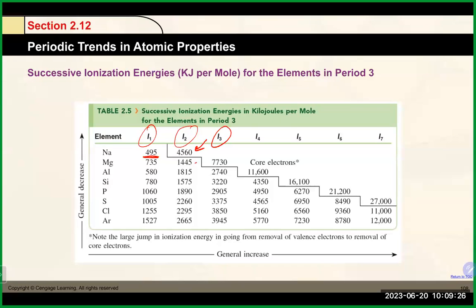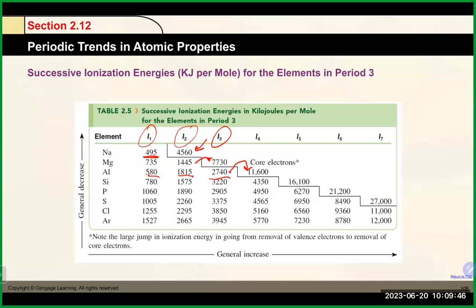There's our jump we saw with magnesium, getting into its core electrons. Something like aluminum, you're okay, the third electron increases. Then as you try to rip off the fourth electron in aluminum, that's a great jump in terms of energy, and it's not going to happen.